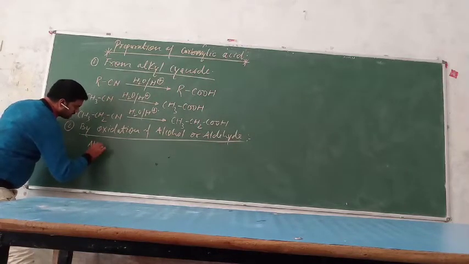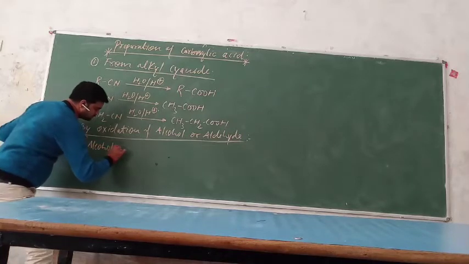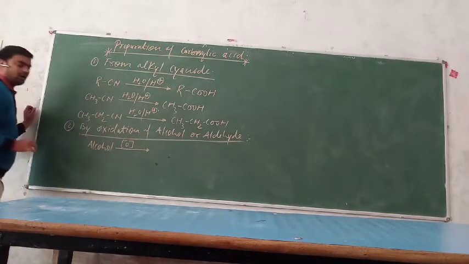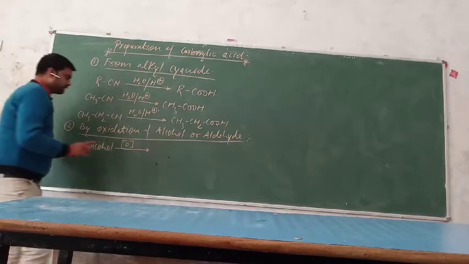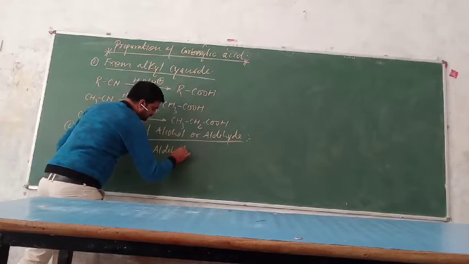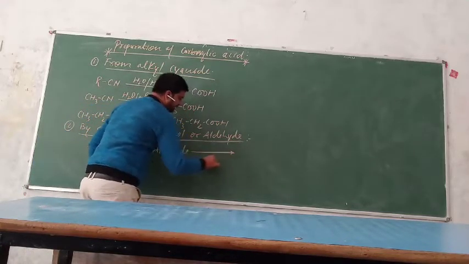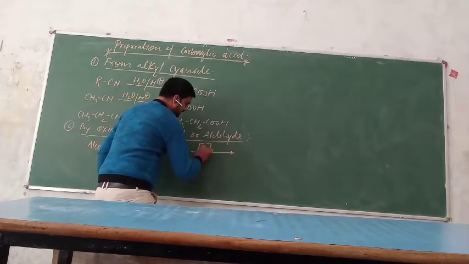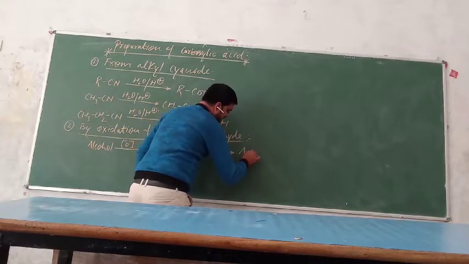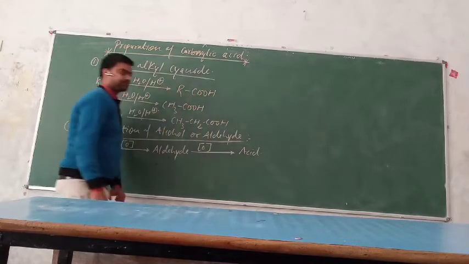When the oxidation of alcohol occurs, it will first change into the aldehyde, and when the aldehyde is oxidized, it will change into the acid, that is the carboxylic acid.